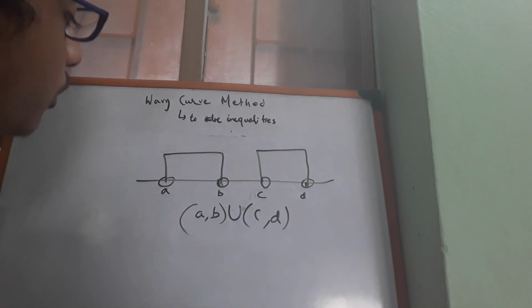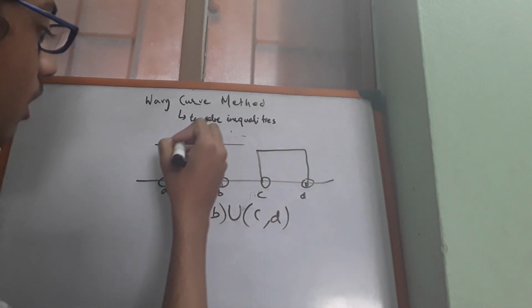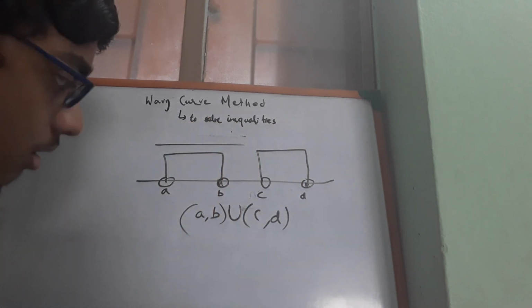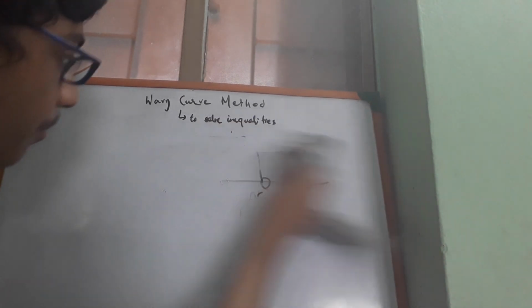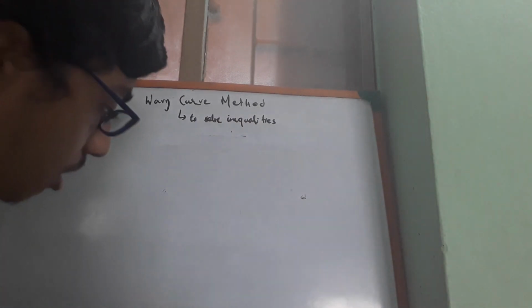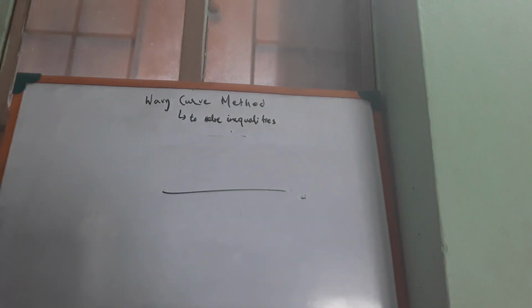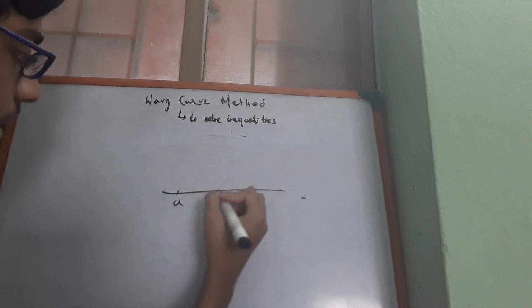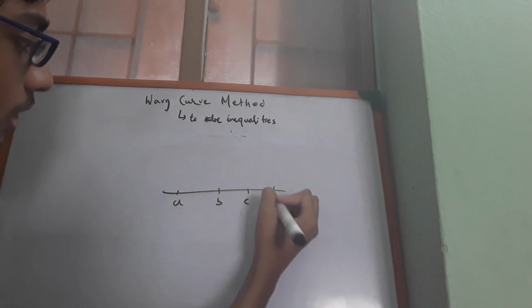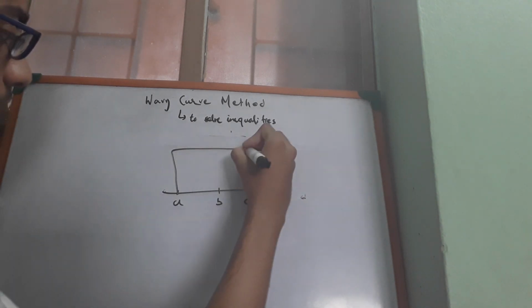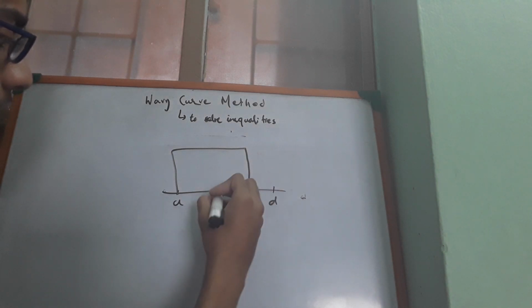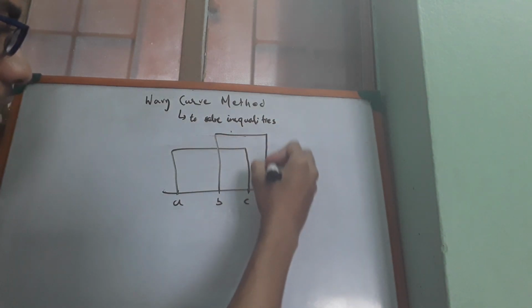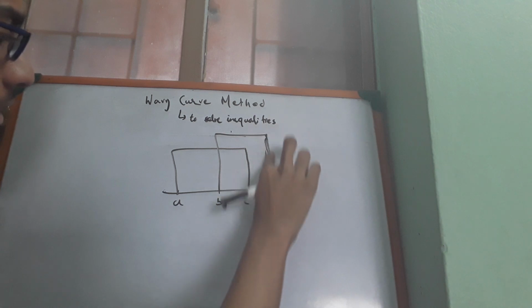And if we had to take intersection, for instance, if we had this sort of value, let's do the same figure itself. So suppose this is A, this is B, this is C, this is D. Suppose I have a range of values from A to C, and another from B to D. So what will be the intersection of these two?